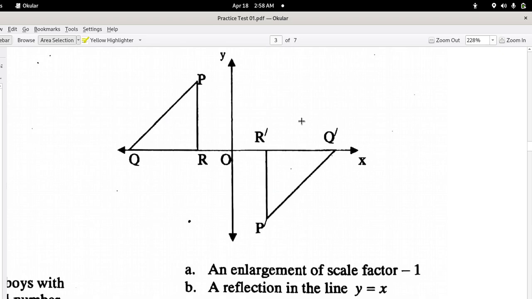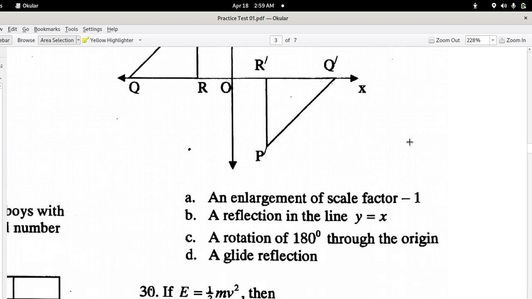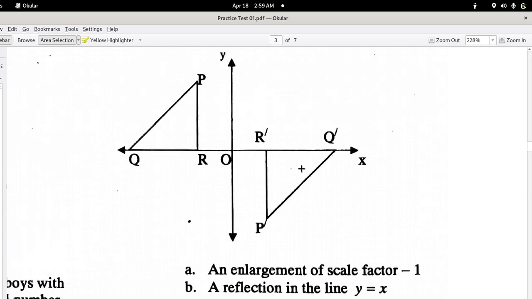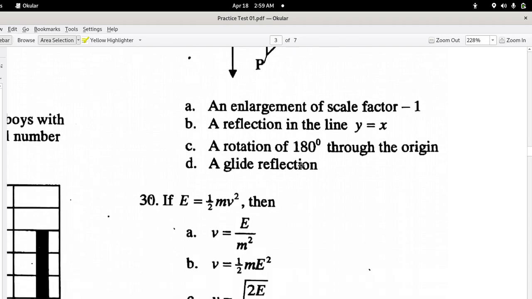Alright? Is it a translation? Is it a reflection? Is it an enlargement? Is it a rotation? Or something?